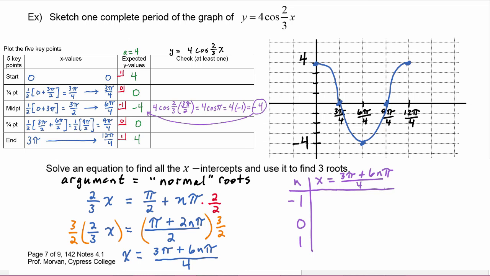So if n is equal to -1, we put that -1 in for n, we'll get 3 pi. Now 6 times -1 would be minus 6 pi over 4, which works out to be -3 pi over 4.